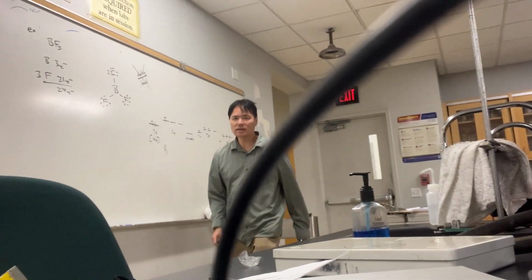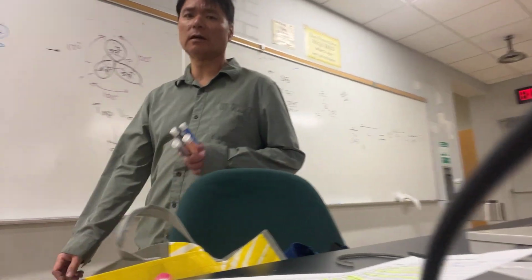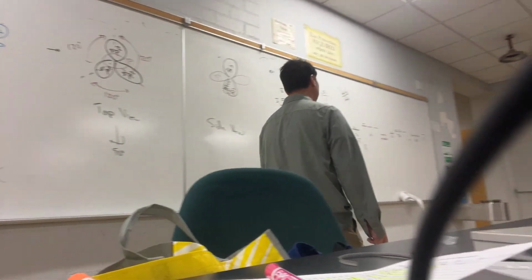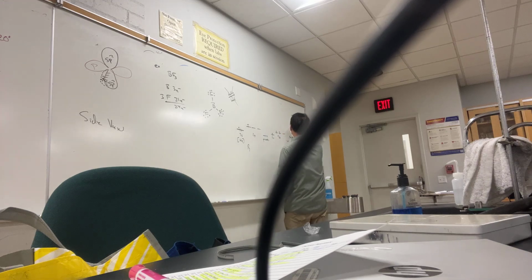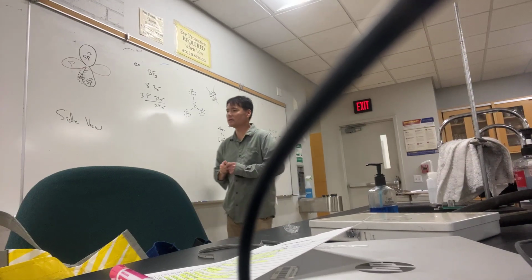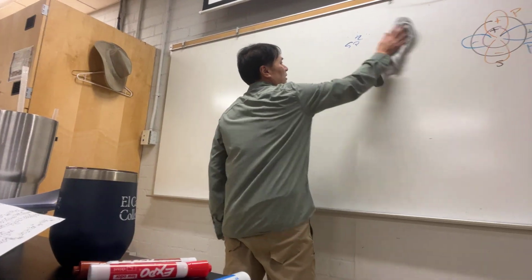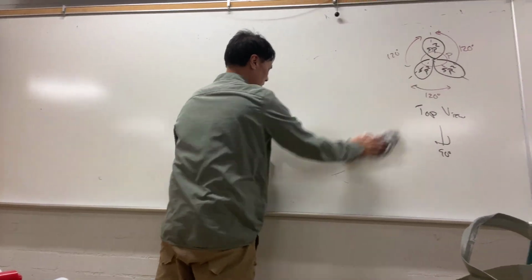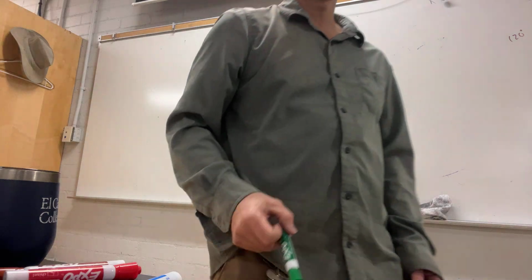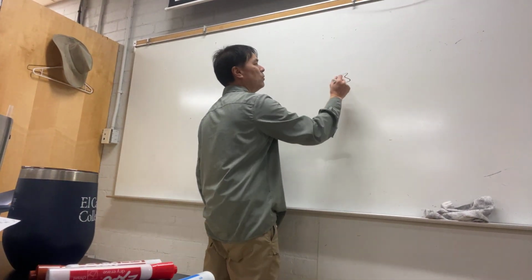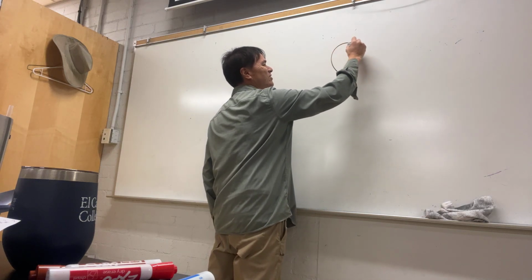So let's draw that here. So I'll have a boron, and then I have 3 sp2 orbitals here. This will be an sp2 orbital, and then another sp2 orbital at 120 degrees, and then another one at 120 degrees. And each one of these has one electron. And then we'll have the fluorine come in and bond. Fluorine's p orbitals are smaller.